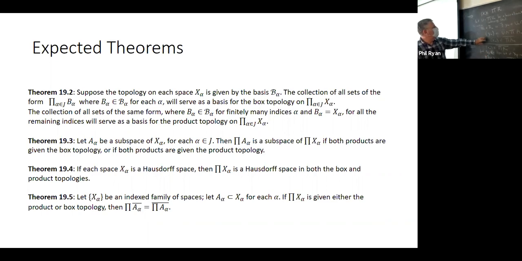So here we've got an element that is in the product of each closure, and we showed that element was in the closure of the whole space. And if we've got an element which is in the closure of the whole space, we've got to show that its coordinate is in the closure of each coordinate space.